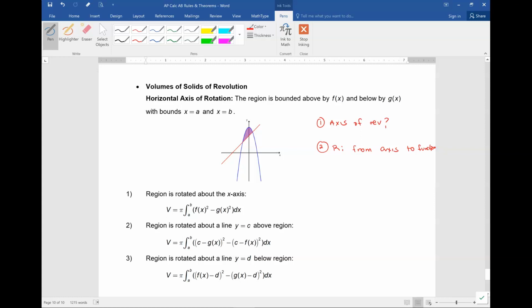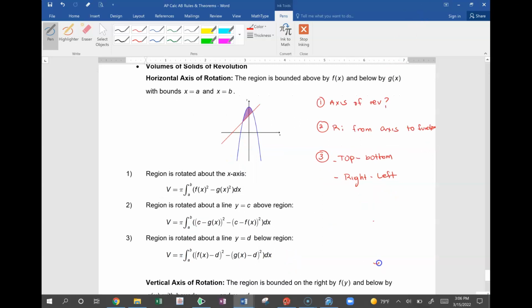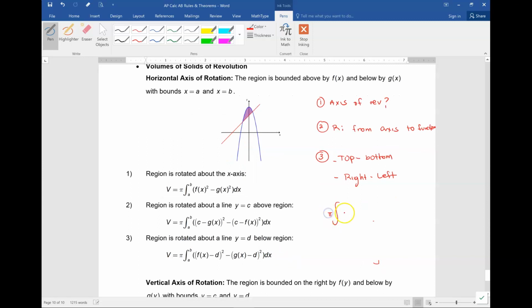Number 3, you go top minus bottom, or right minus left. And then remember, the volume has to be pi r squared, dx or dy.